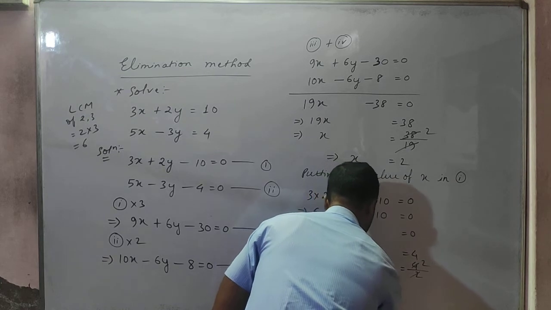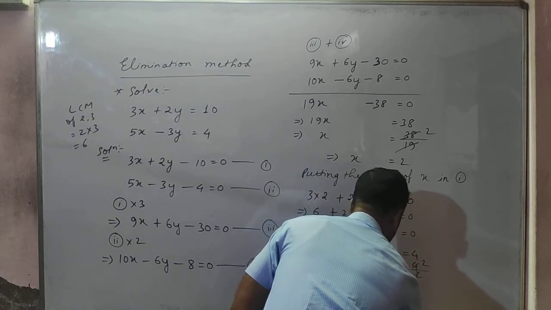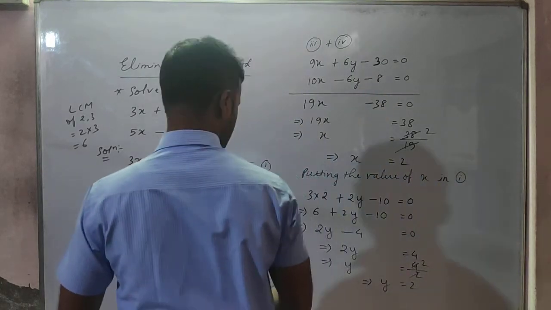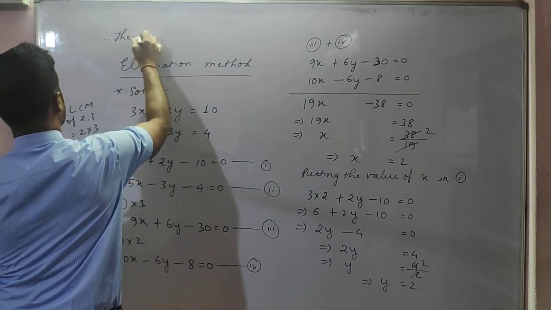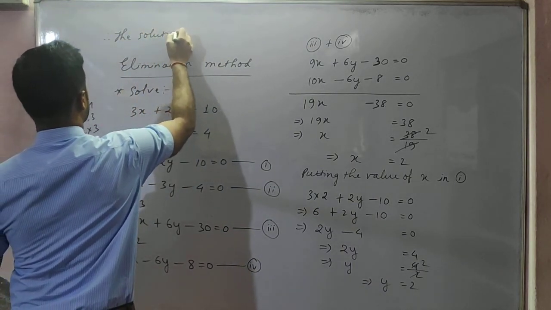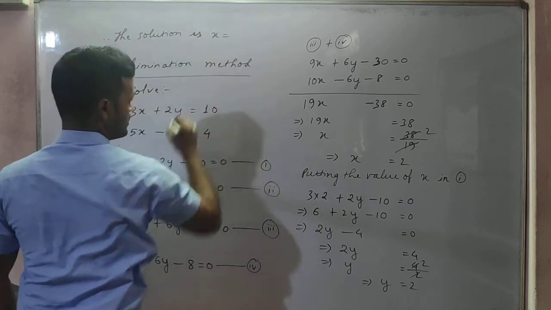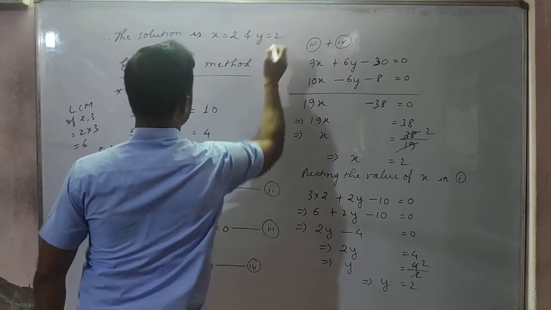That means y is equal to 2. Okay. So therefore the solution is x equal to 2 and y is equal to 2.